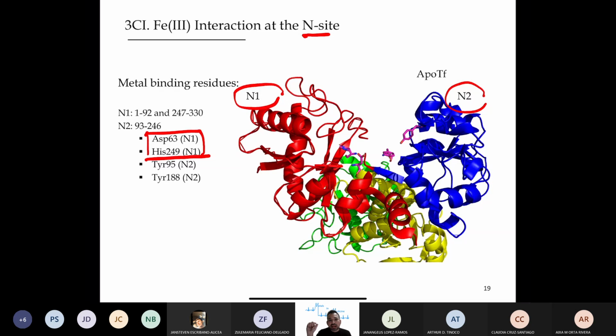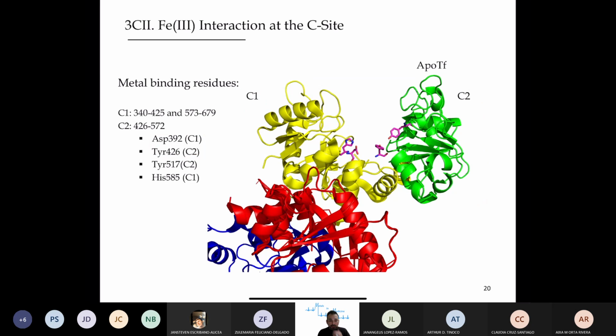Here you see the presence of these two amino acids, and then on the N2 side, you have the presence of the two tyrosines. The iron coming in is going to lead to a change in how close those amino acids are.